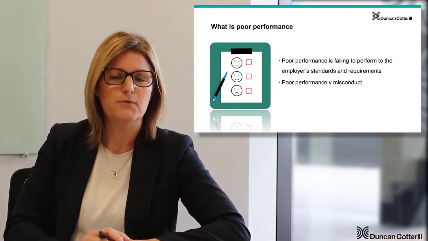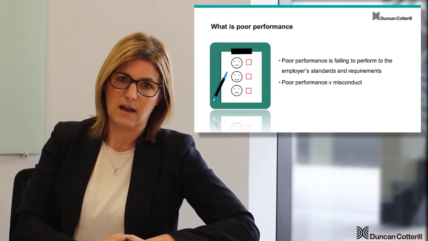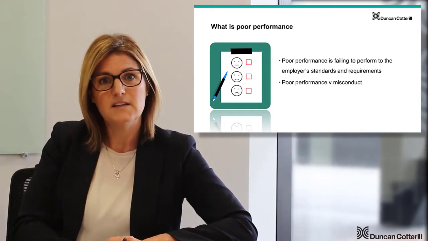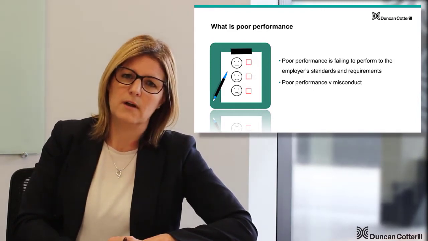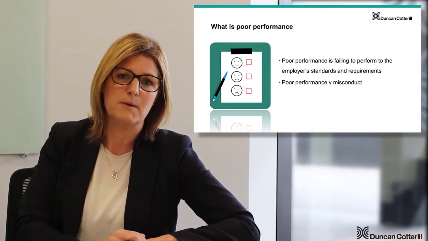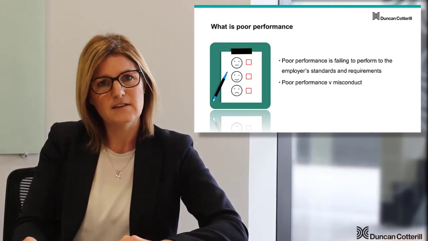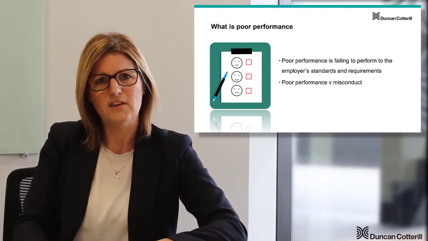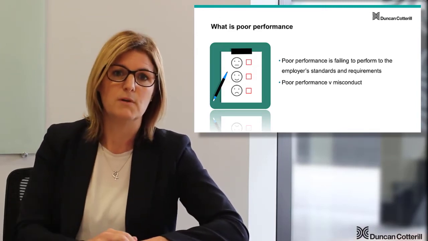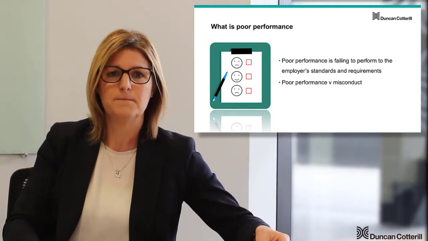However, of course, poor performance can take many other forms and can include things like not performing to instructions, tardiness, but can also deal with some of the more difficult issues such as attitude and conduct and, for example, how people interact with colleagues or customers. Poor performance and misconduct are two separate things, but they do look very similar in a number of respects. Jonny will talk through in more detail some examples of poor performance when he goes through the process.